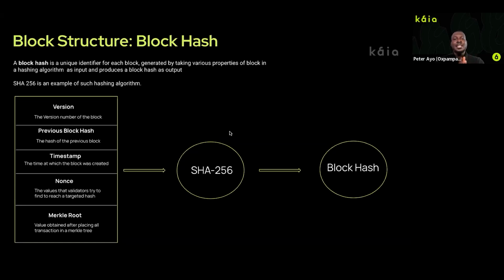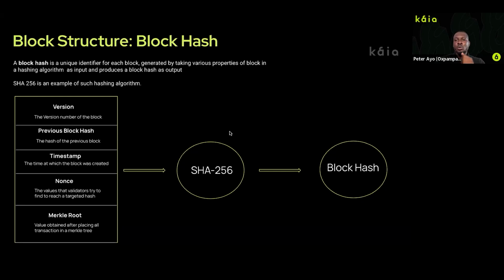So for us to get the block hash, which is added into the next block as the previous hash, you pass in the version number, the previous block hash, the timestamp, the nonce, and the Merkle root, right? In the case of a proof of stake network, you pass in the previous block hash, timestamp, validator signature, and also the Merkle root into a hash function.